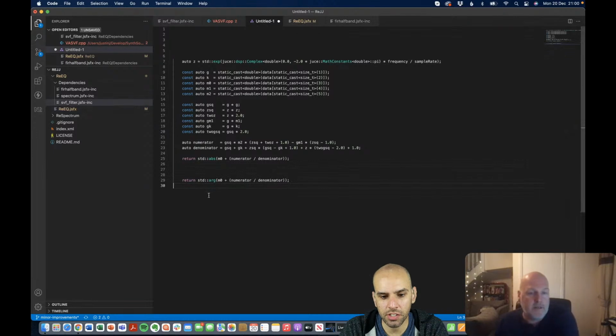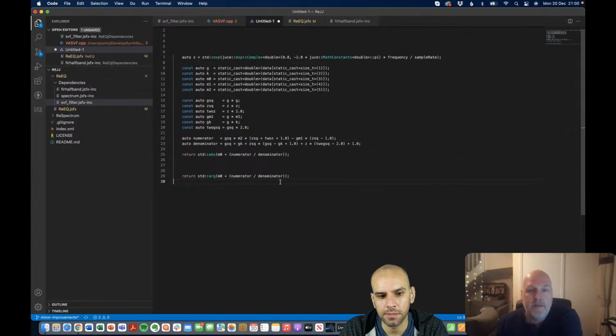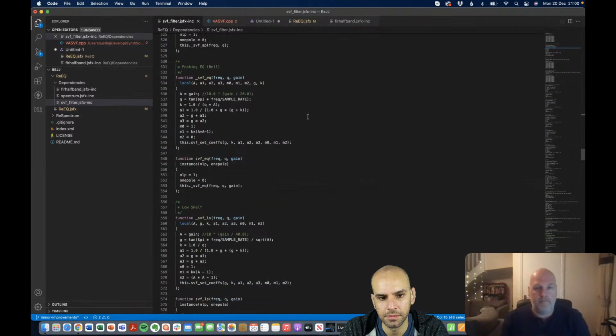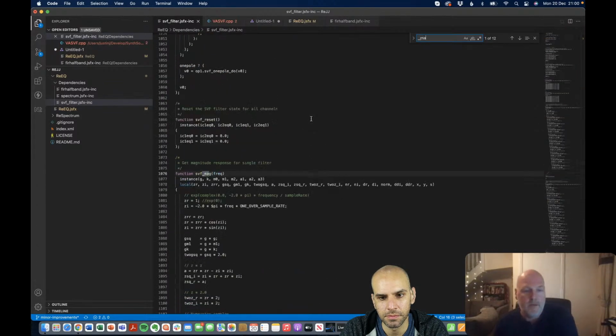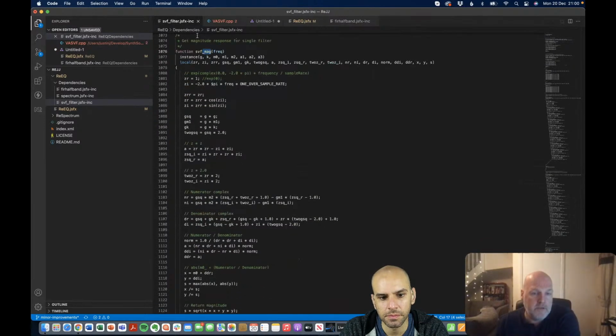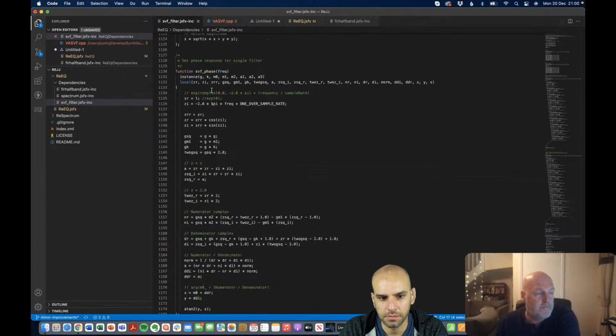Do you consider adding the plot of the phase to ReEQ? Yes. So inside ReEQ, there's the function for getting the magnitude response, and underneath it is the function for getting phase.